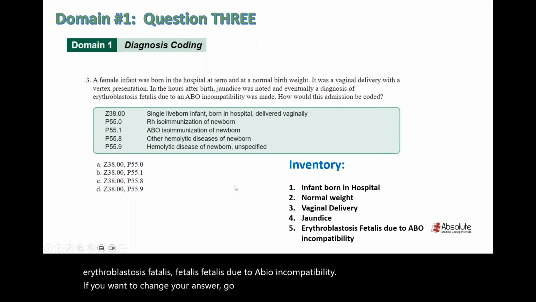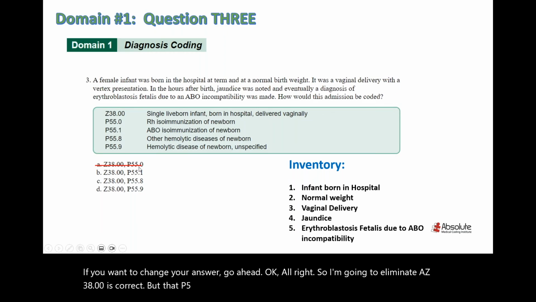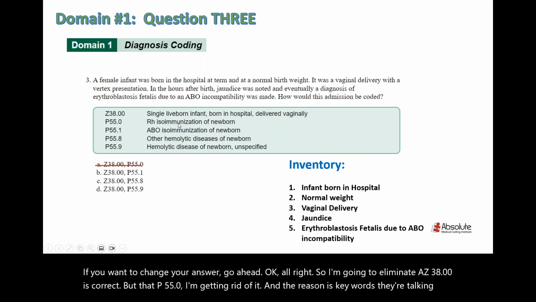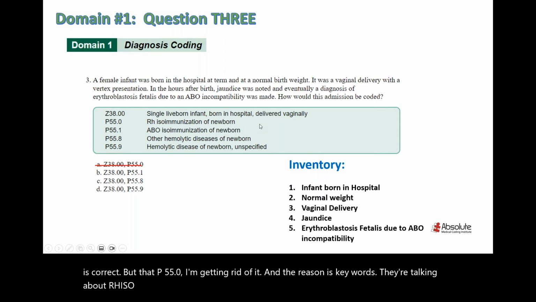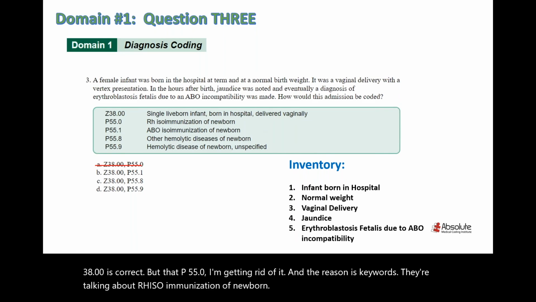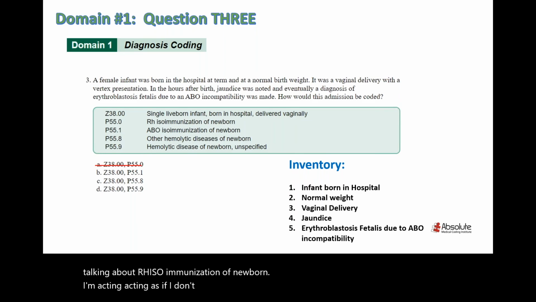Okay. All right. So I'm going to eliminate A. Z38.00 is correct, but that P55.0, I'm getting rid of it, and the reason is keywords. They're talking about RH isoimmunization of newborn. I'm acting as if I don't know what this is, right?